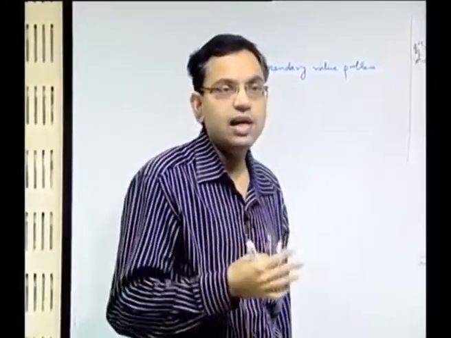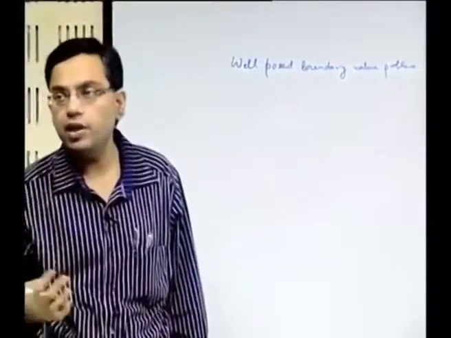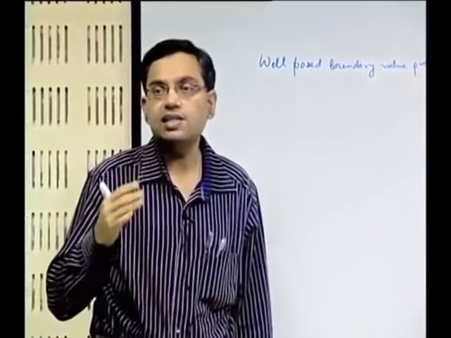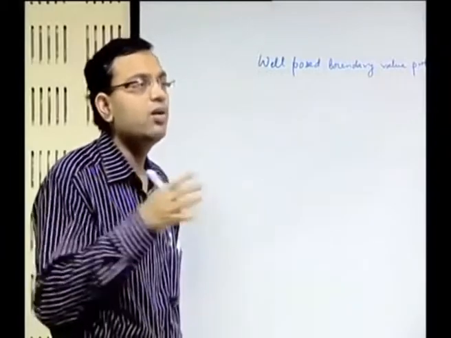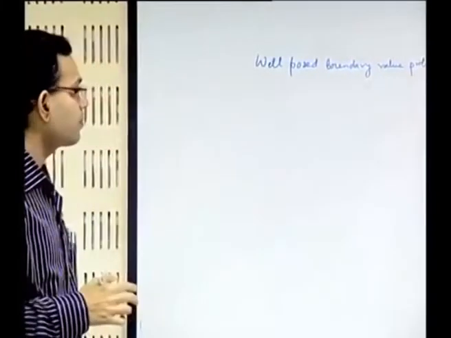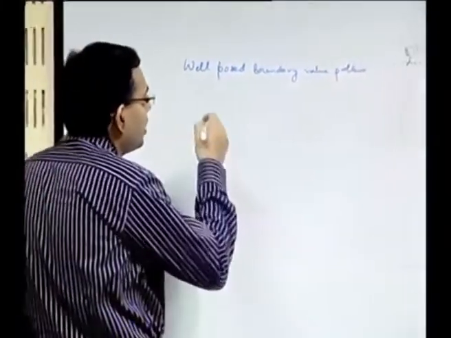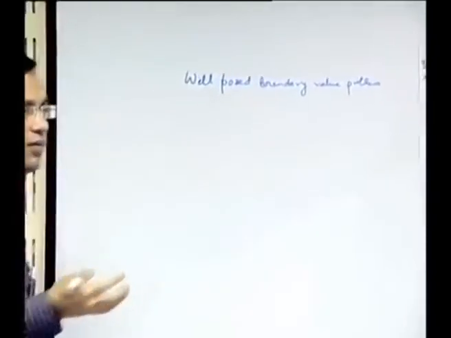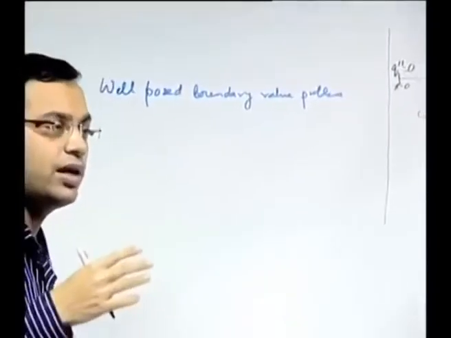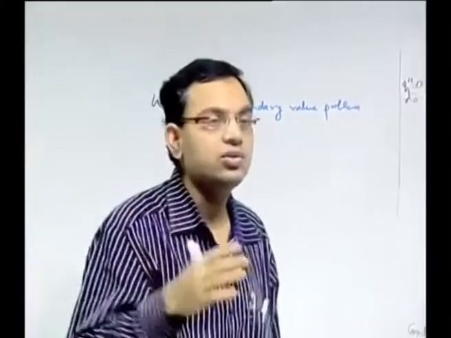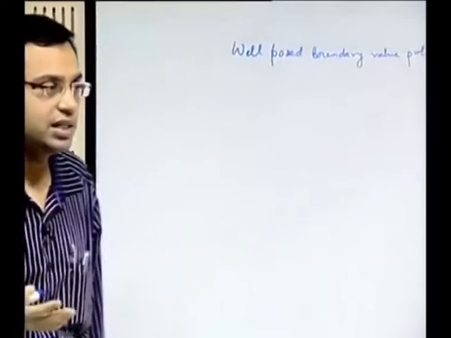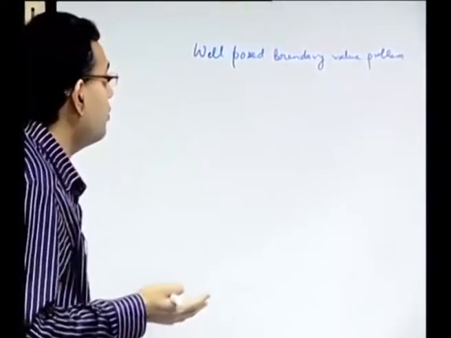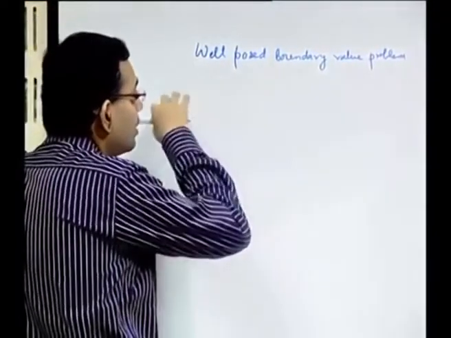So we have to understand what we mathematically mean by these terminologies, at least in a qualitative sense, if not by very rigorous mathematical definitions. So when we say that a boundary value problem is well posed, we have already discussed what is a boundary value problem, where you require boundary conditions throughout the domain of the problem, just like an elliptic partial differential equation. Now what are the requirements?